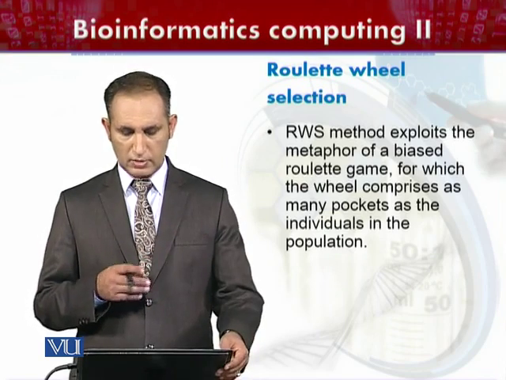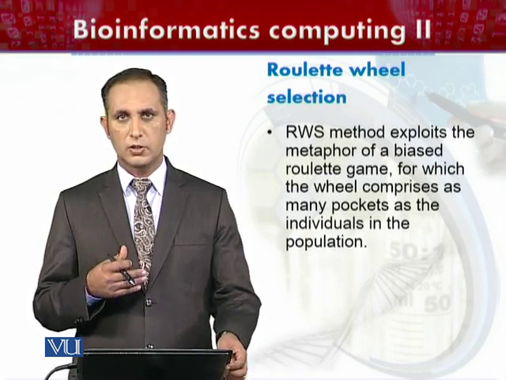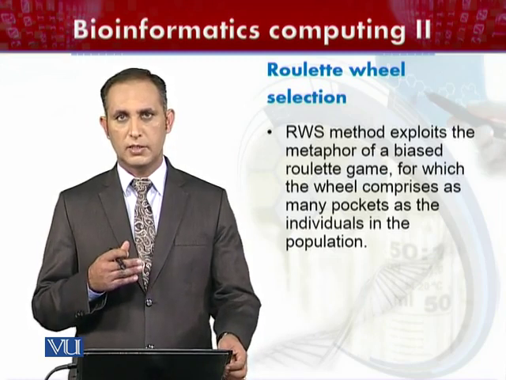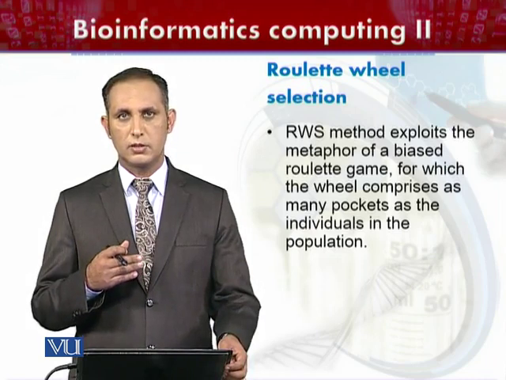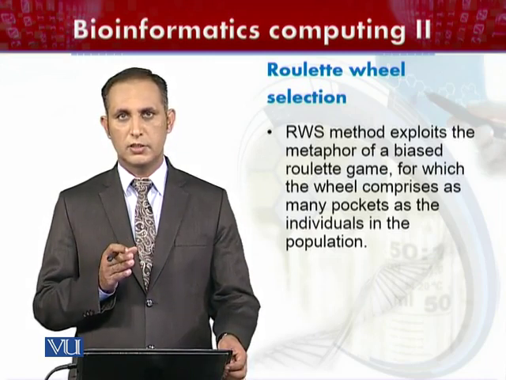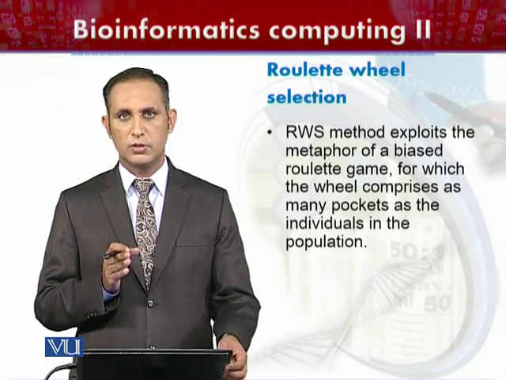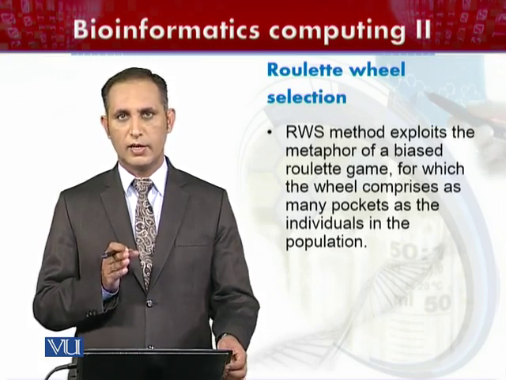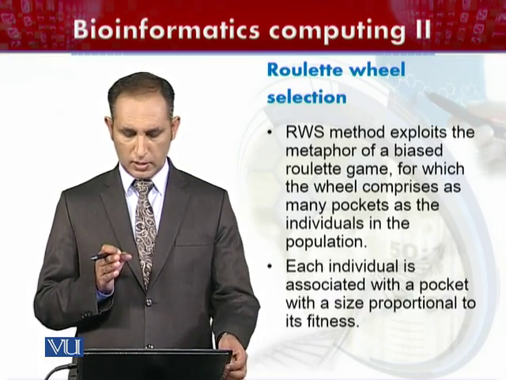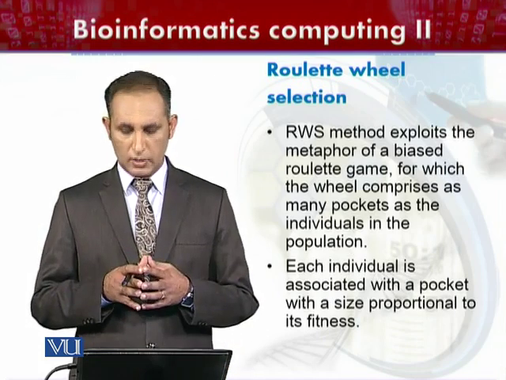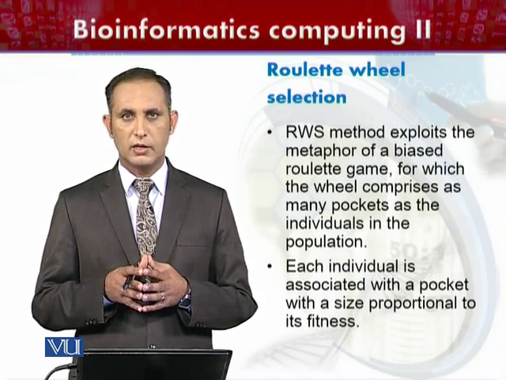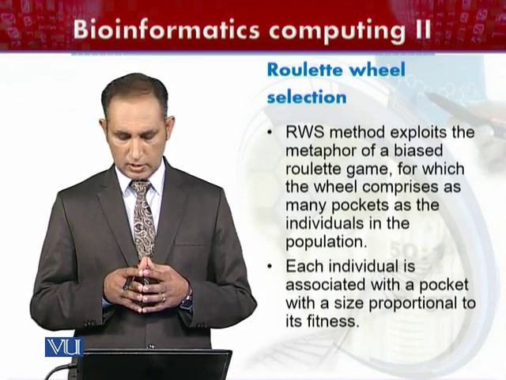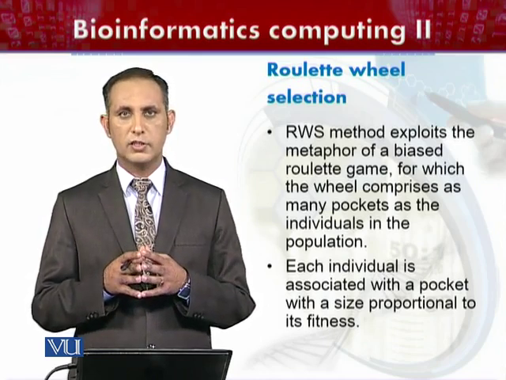So on the basis of this system, parents are selected, but this system uses the fitness of that specific individual. The fitter the individual is, the more chances that individual has to be selected as a parent for the next generation. So each individual is associated with a pocket size, which is proportional to the fitness of that individual.